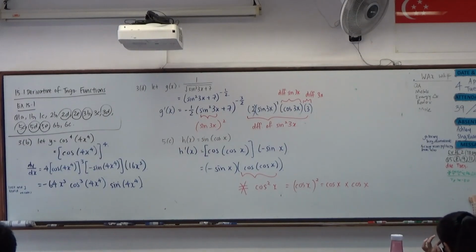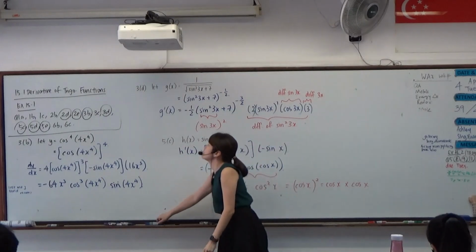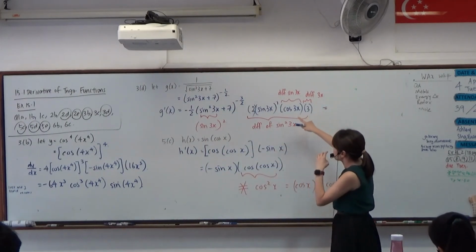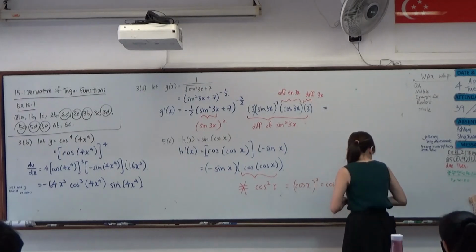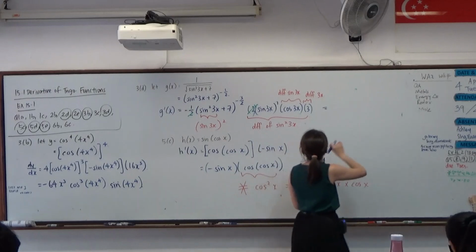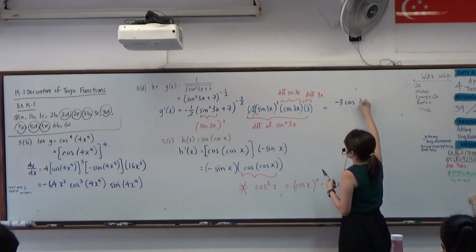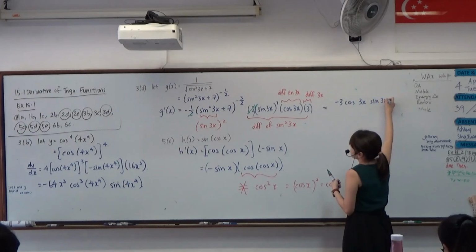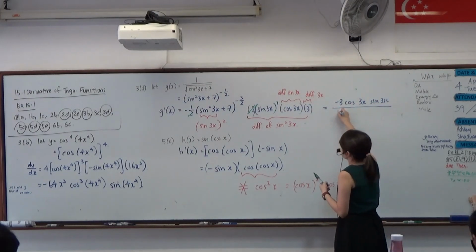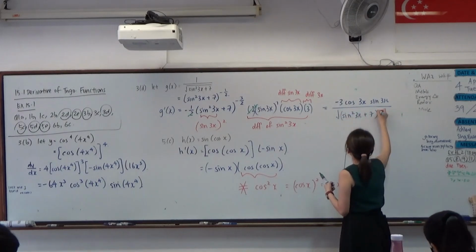3D answer. Oh, okay. Because this one is a square root. Sorry, I forgot to simplify this. Cancel this. I will get negative 3 cosine 3x sine 3x over square root of sine square 3x plus 7 to the power of 3.